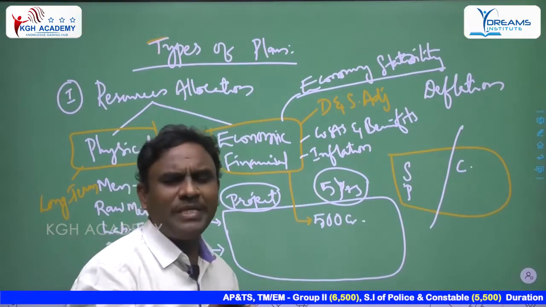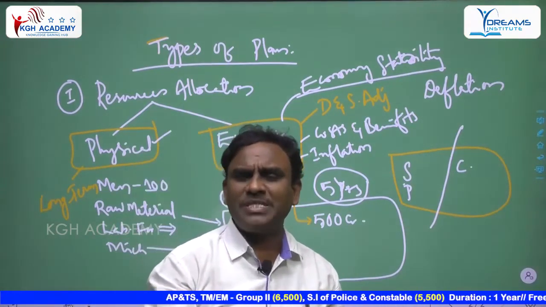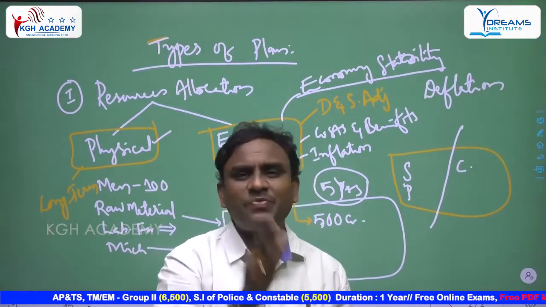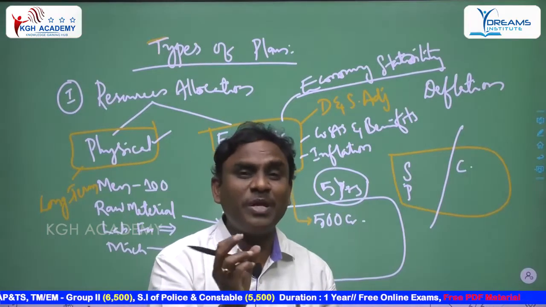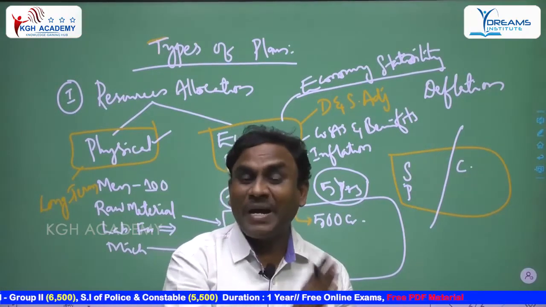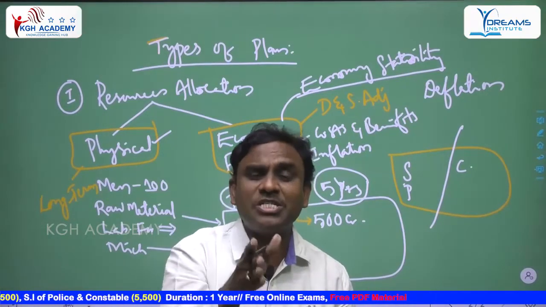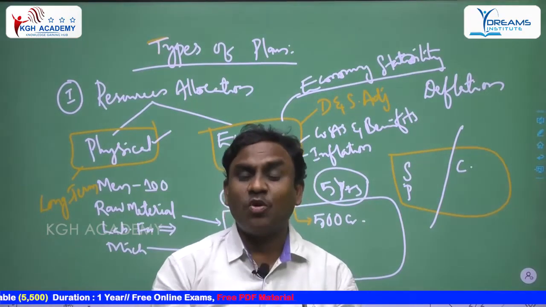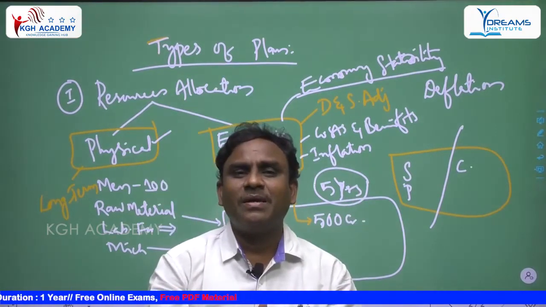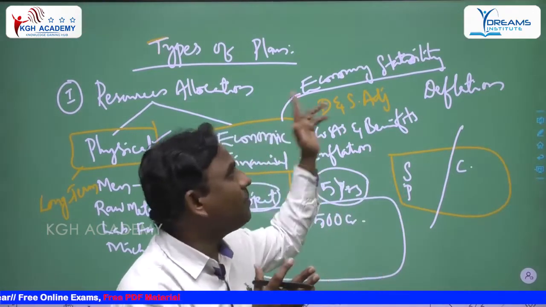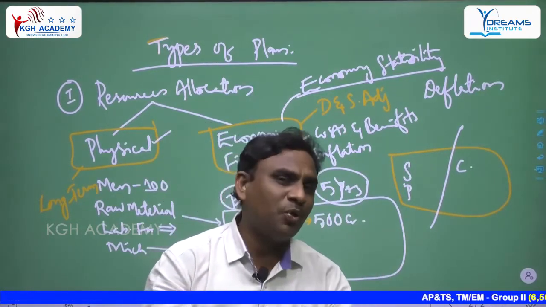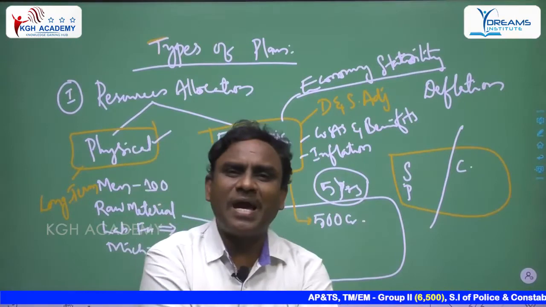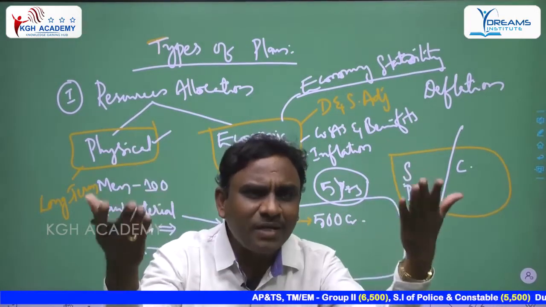You take any economy, either developed or developing economies, the main objective is maximum satisfaction. Maximum satisfaction is a very essential factor for human beings or individuals. For the economy, stability is very important, and that is achieved by this economic plan, which means one kind of supply and demand.